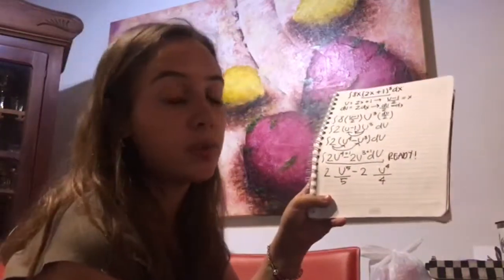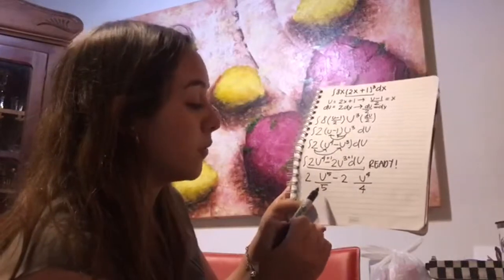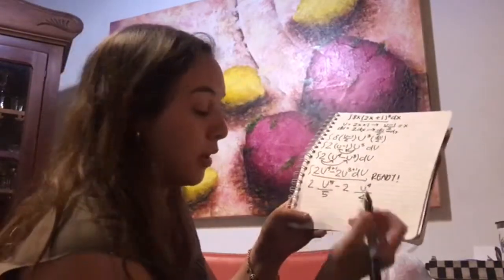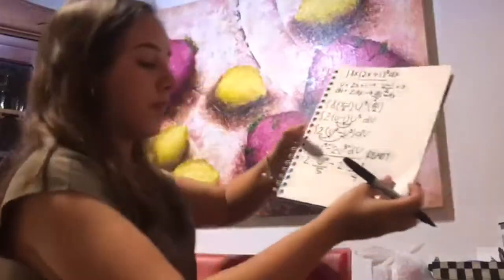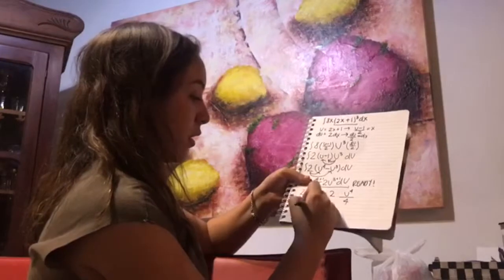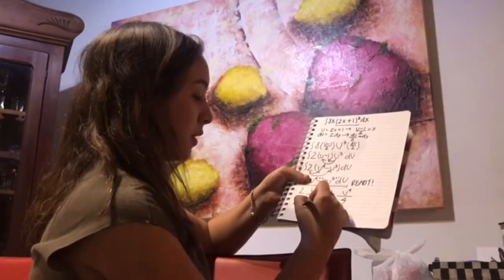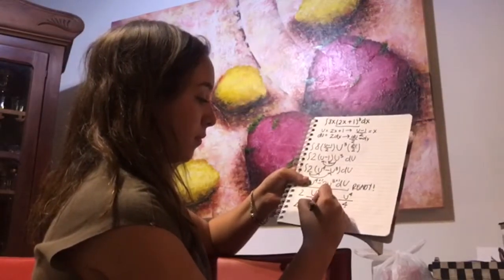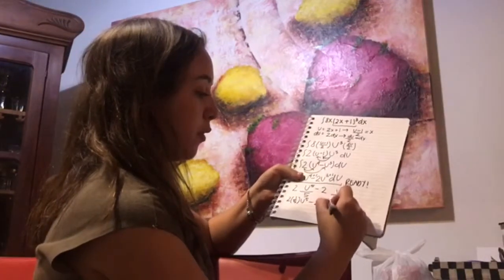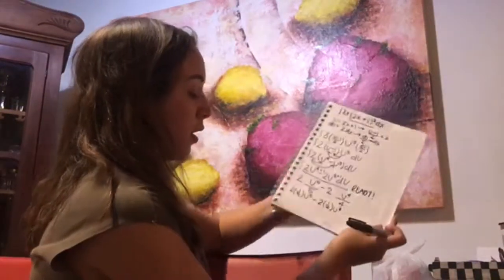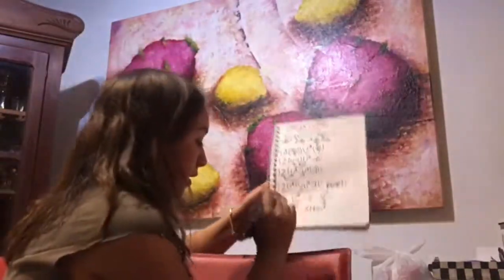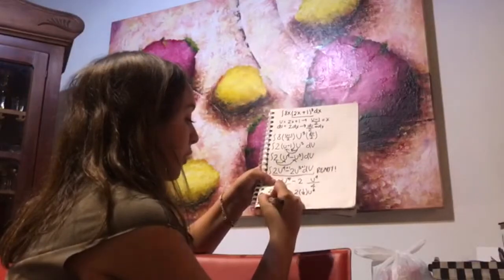After this, we're gonna multiply the 2 with the 5 and the 2 with the 4, but as 1/5 and 1/4. After multiplying our 2 with the 1/5 and the 2 with 1/4, we have the following answer, which is 2/5.